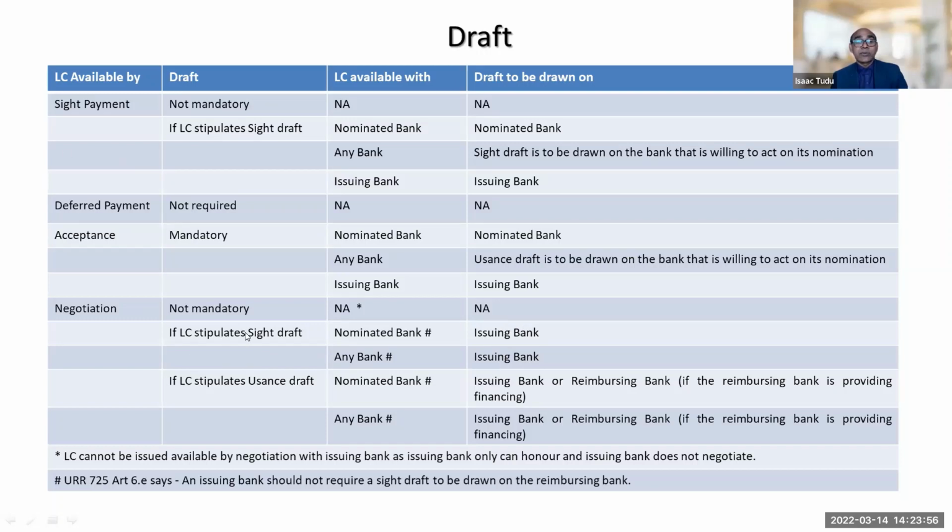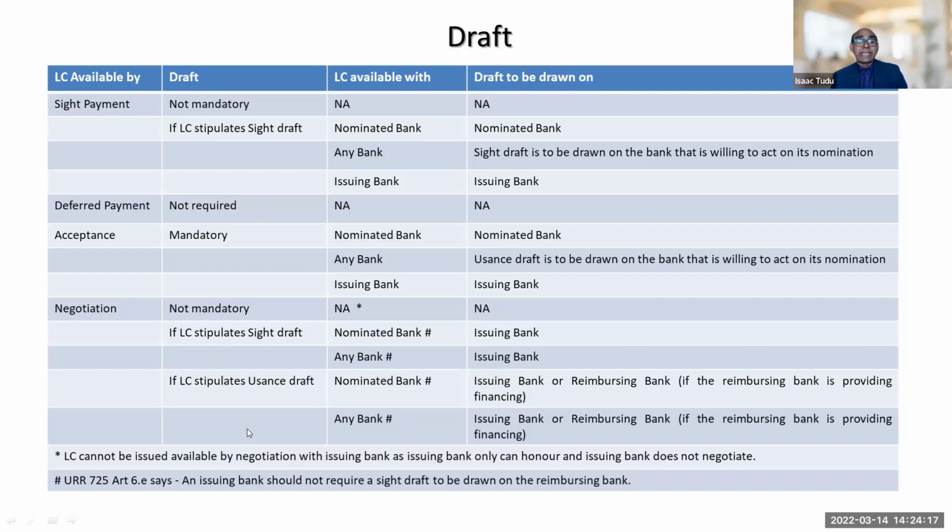In the same scenario, when LC is available with any bank instead of one particular named nominated bank, the draft is to be drawn on the issuing bank. Means in case of LC available by negotiation, the draft is to be drawn on a bank other than the nominated bank.